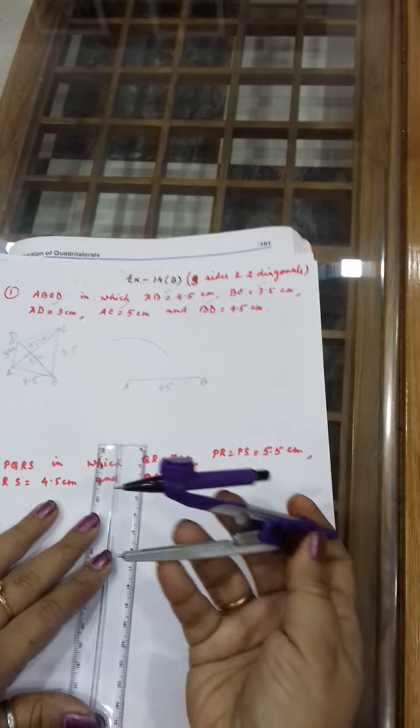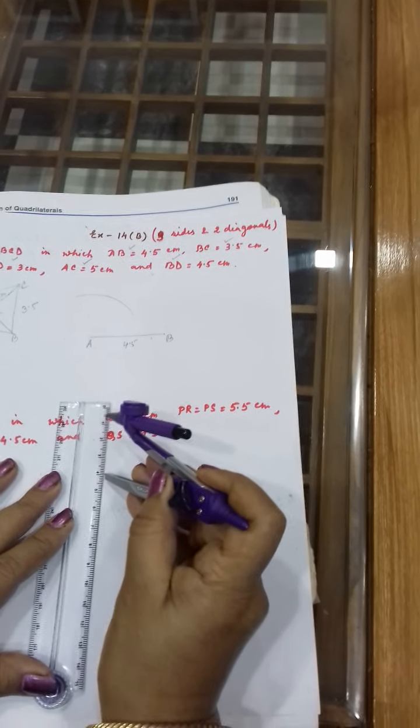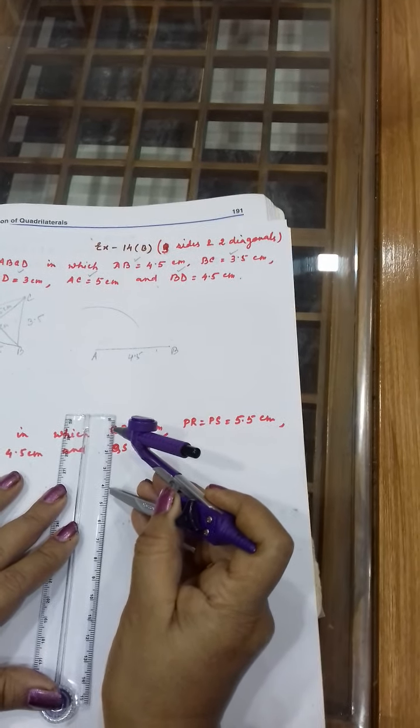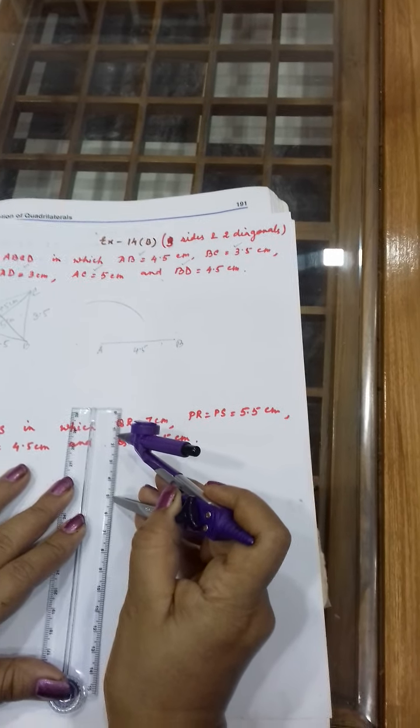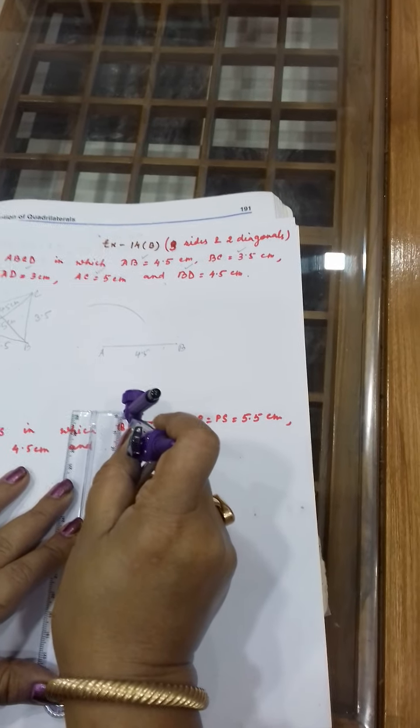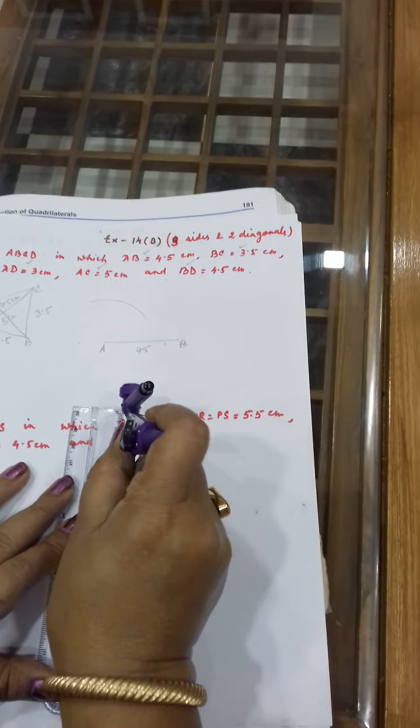Next you consider AC. Again with A as the center, AC is 5 centimeter. So with A as the center, again you draw another arc. I have drawn this side. Now next is BC, 3.5 centimeter.